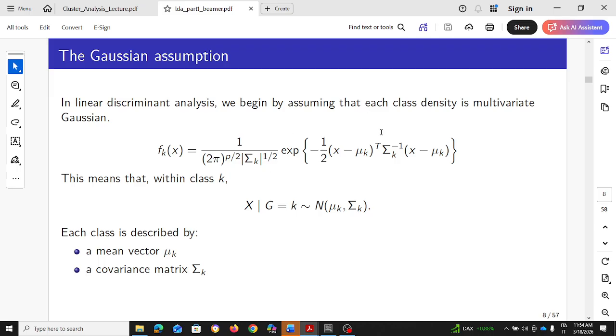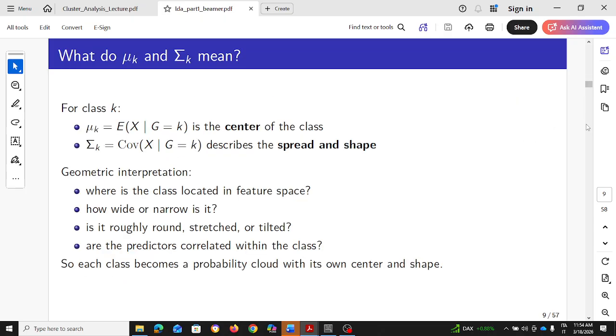So we have this now, where it is distributed with mean mu k and covariance sigma k. Okay? So we assume that each class shall have this kind of distribution. That's the assumption. When we want to classify, we assume that each class we are going to find shall have a distribution like this, okay?